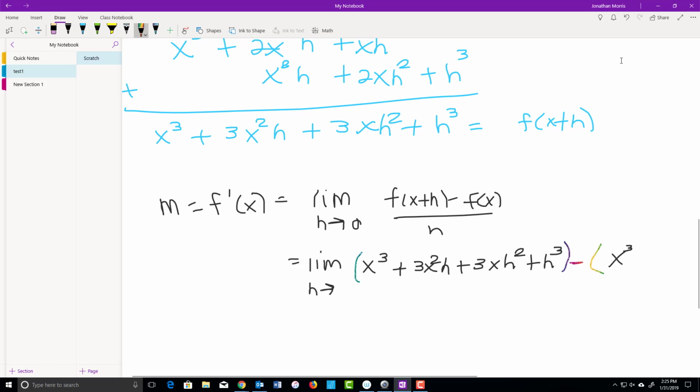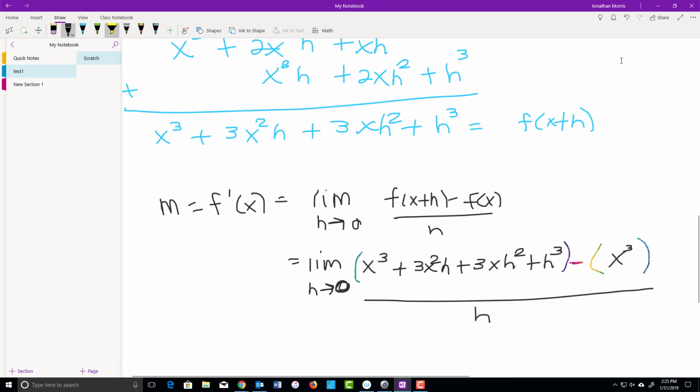Okay, let me finish this out, all divided by h. And remember, I always forget to put what h is approaching. H is approaching 0.